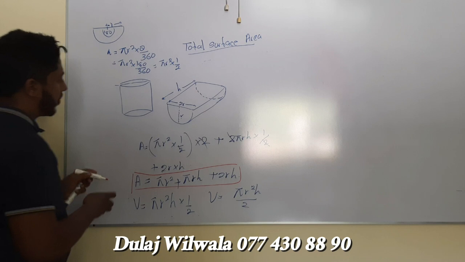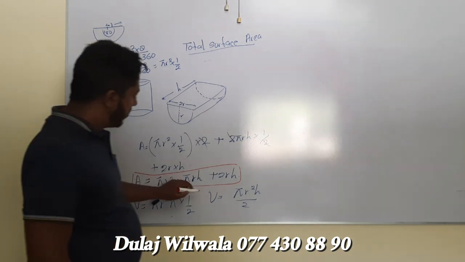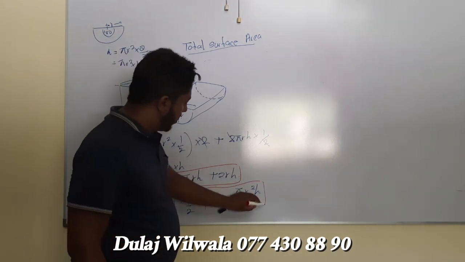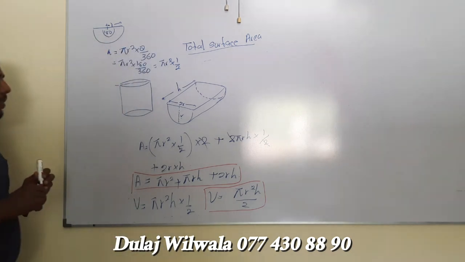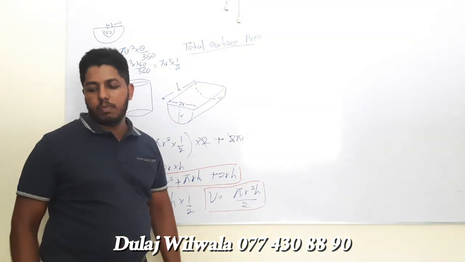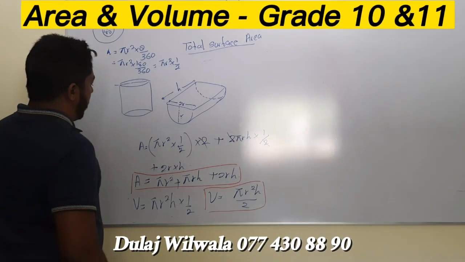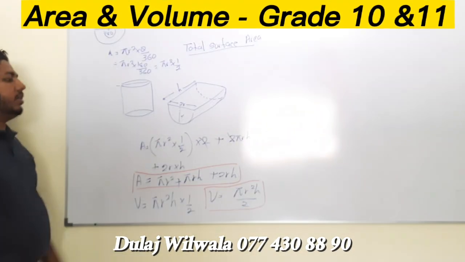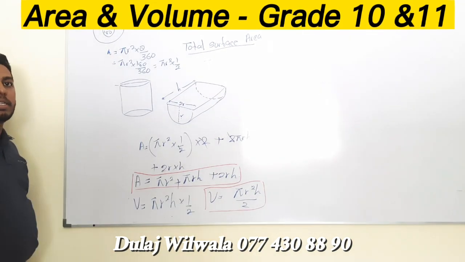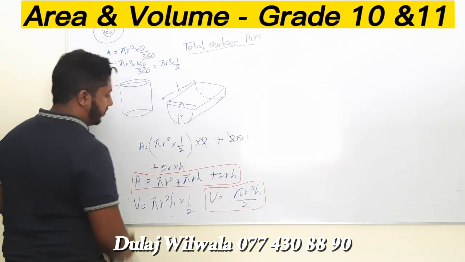Here volume is pi r squared h by 2. Right. So this is another solid. Write this down as a short note.